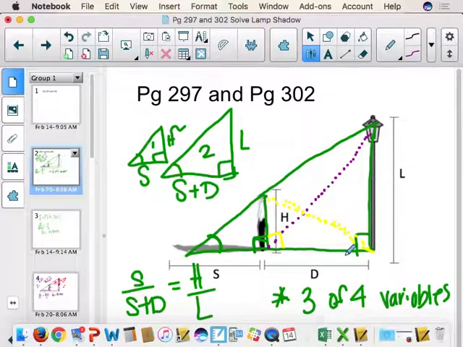Any thoughts here? So it's a portion of that right angle over here. We do know that the line of the object and the line of the height would be parallel.